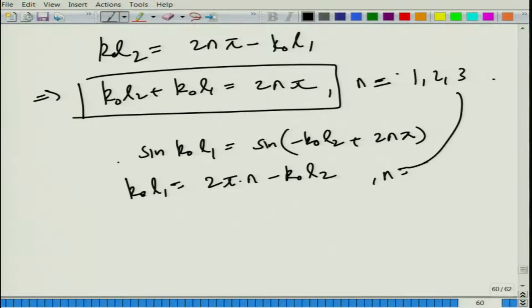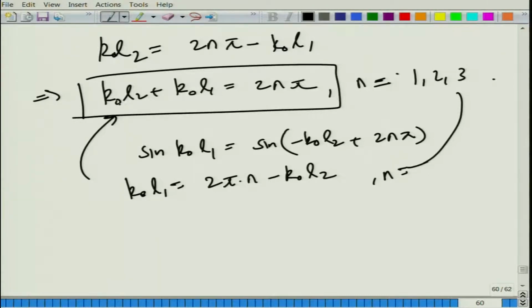Okay. So, this relation will fetch you this one, and basically it means that when the sum of the phases of the waves that propagate in both the ducts is equal to 2n pi, where n has to be 1 at least to make it non-trivial, then also destructive interference will happen, and we will get almost 0 power transmitted downstream, resulting in sharp attenuation peaks.